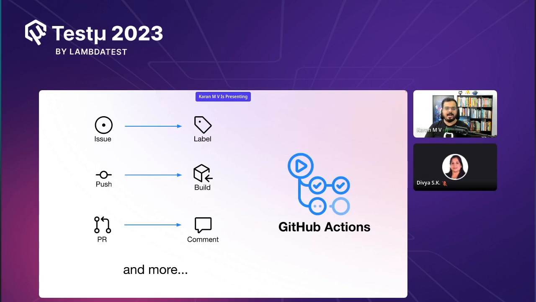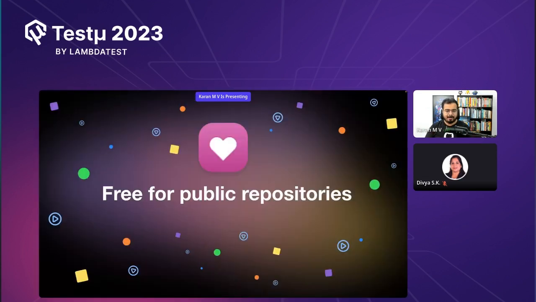Before I move on, I'd like to tell you that GitHub Actions is free for public repositories and has certain limits for private repositories, and there are multiple other tiers and plans available for enterprises and organizations, with a lot more powerful control also available. But if you want to just get started personally and try it out, it's free on public repositories.